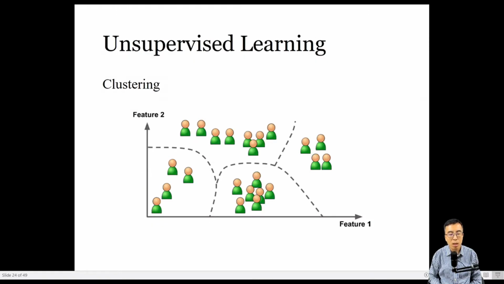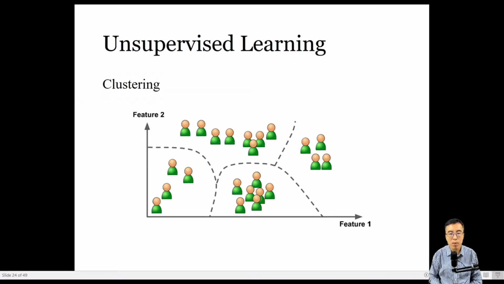So here we see an example of clustering, which is one type of unsupervised learning. Because we do not provide labels for the data, the output is clusters of the original data, but with no label attached.